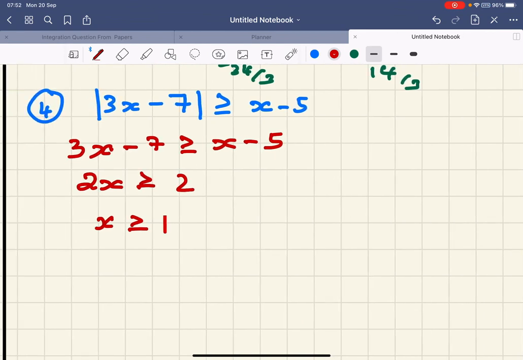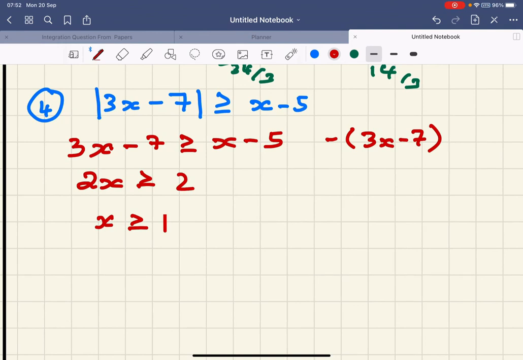On the other side, we're going to have negative of the bracket 3x minus 7 is greater than x minus 5. Now I'm going to times both sides by negative 1, or divide both sides.